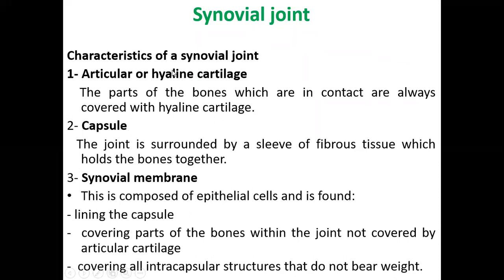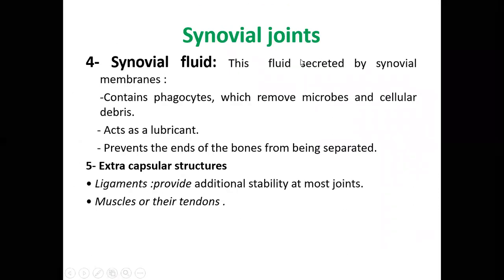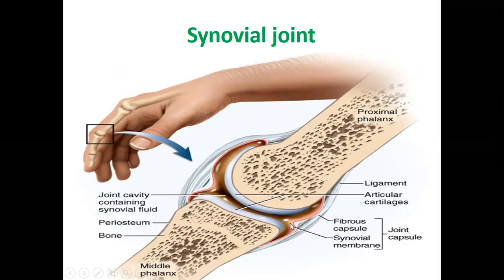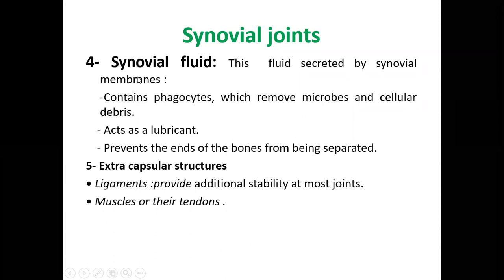One is the hyaline cartilage or articular cartilage. Second is the capsule. The third is the synovial membrane and synovial fluid. This fluid is secreted by the synovial membrane. As I said before, this membrane lying from inside secretes the fluid called synovial fluid. So what is the specialty of the synovial fluid?